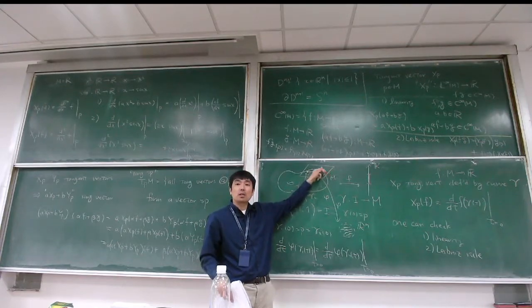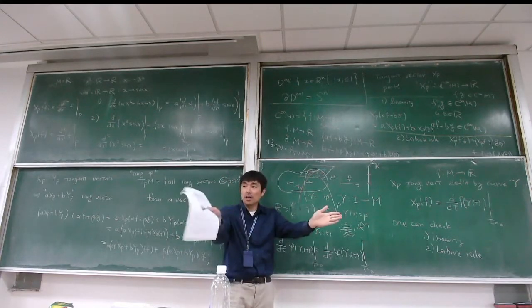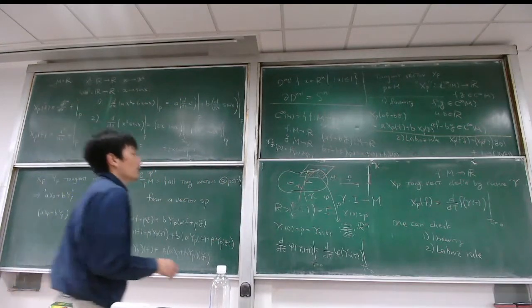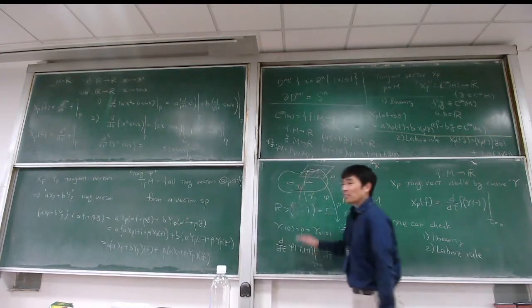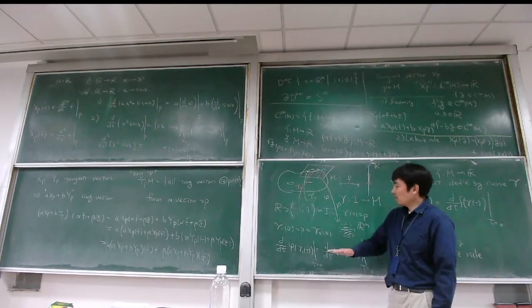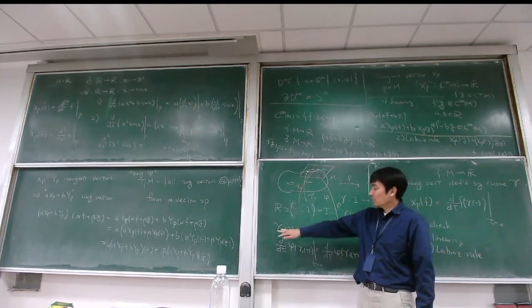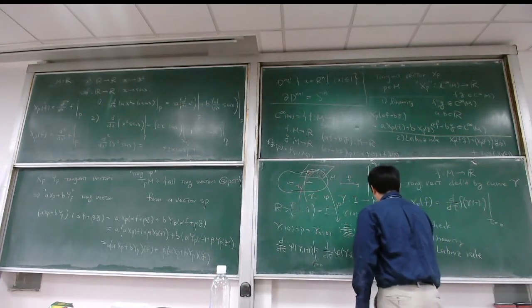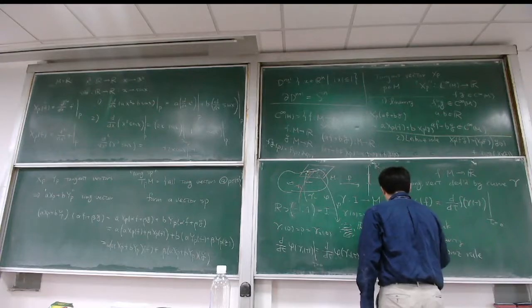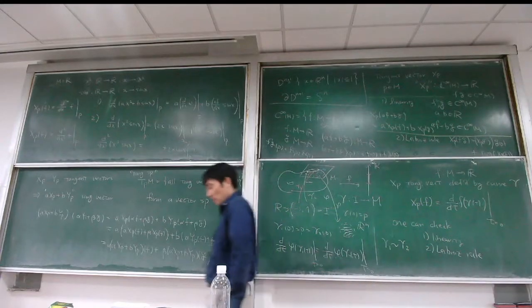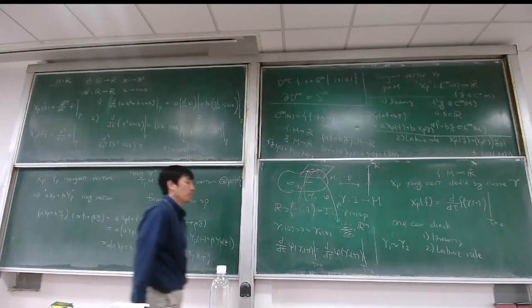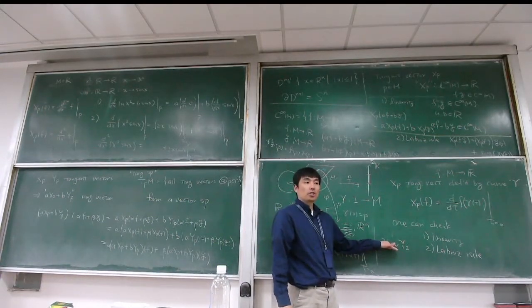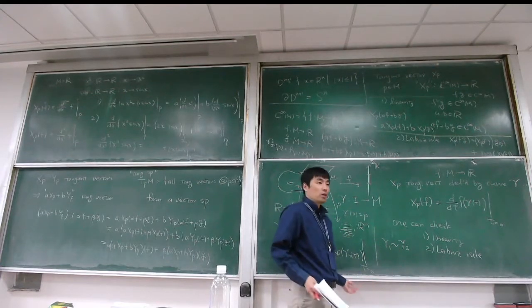Therefore the tangent space can be defined as follows. If gamma 1 and gamma 2 satisfy this condition, maybe we can just call them equivalent at the point P.